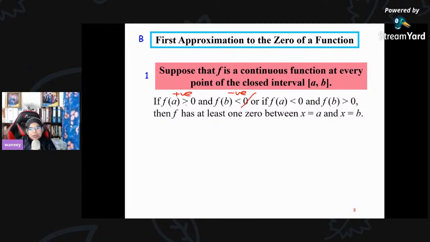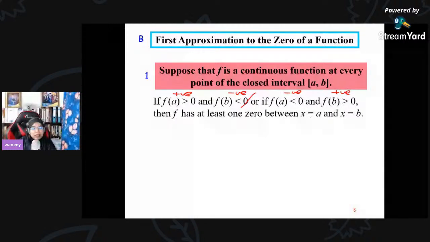Or f(a) is negative and f(b) is positive. Then f has at least one zero between x equal to a and x equal to b.